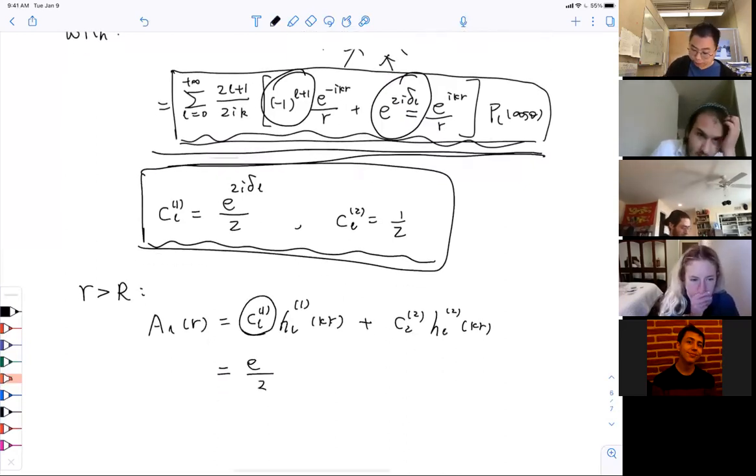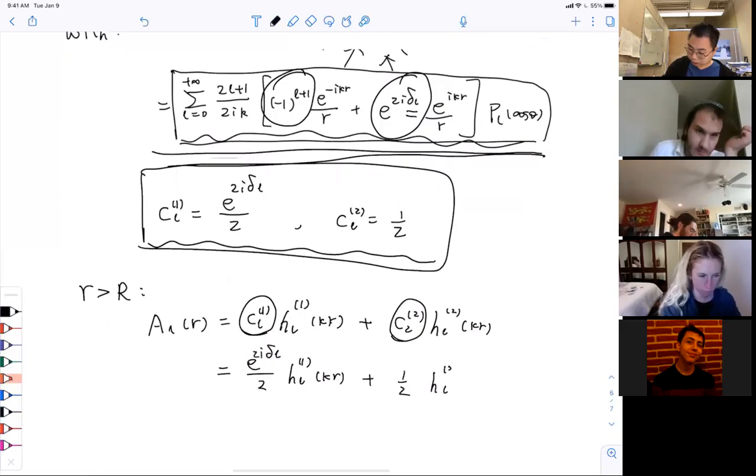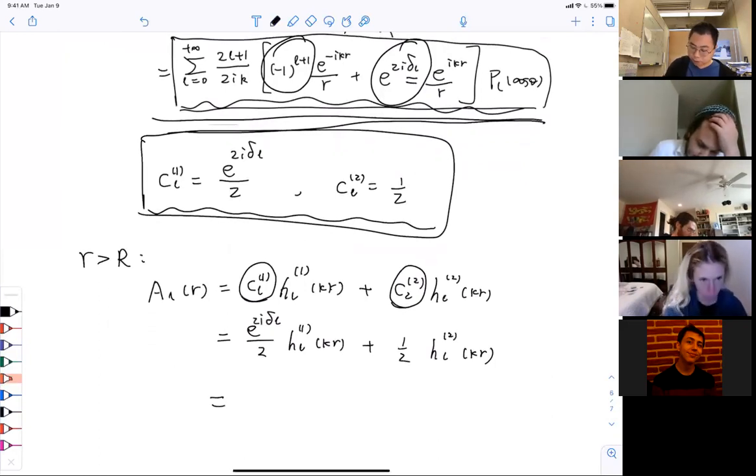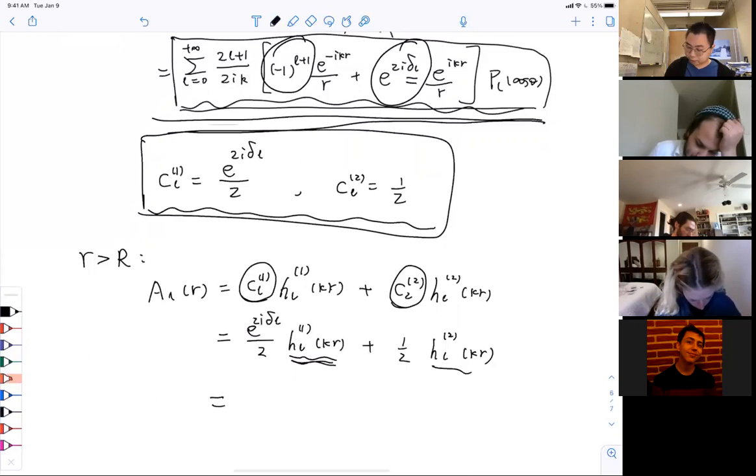So I just replace this guy with the expression we obtained. This guy is 1/2. And remember, this guy is nothing but a linear superposition of JL and NL. This is also a linear superposition of JL and NL.